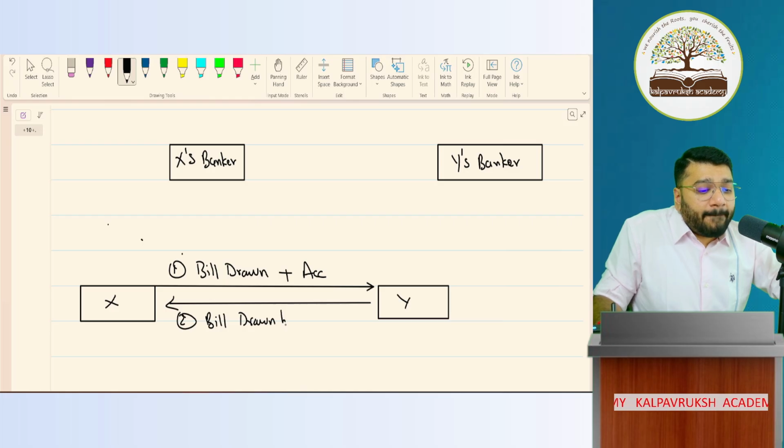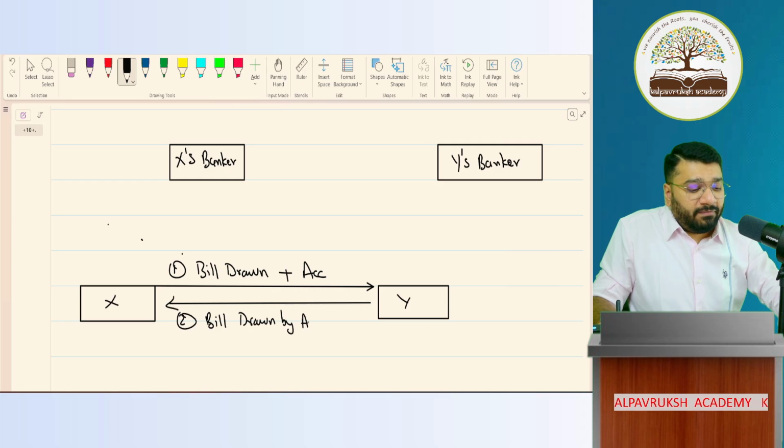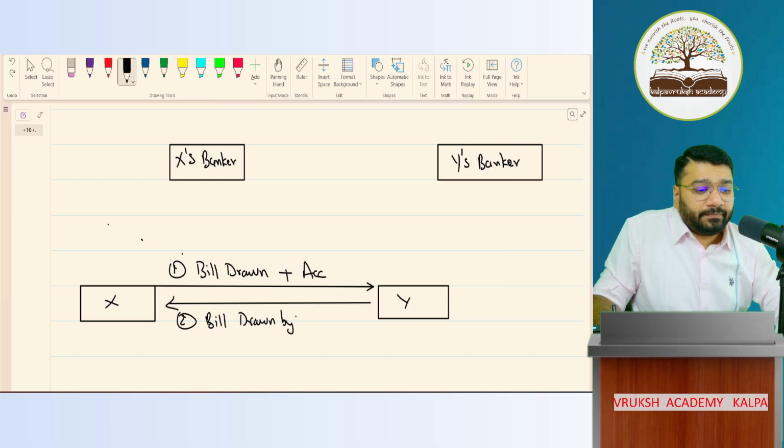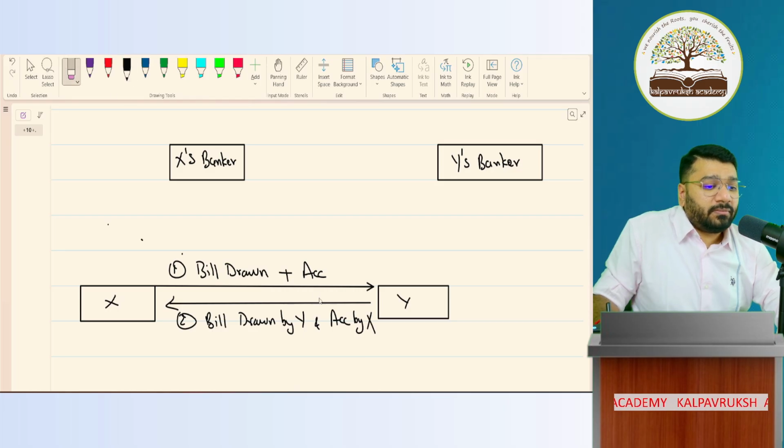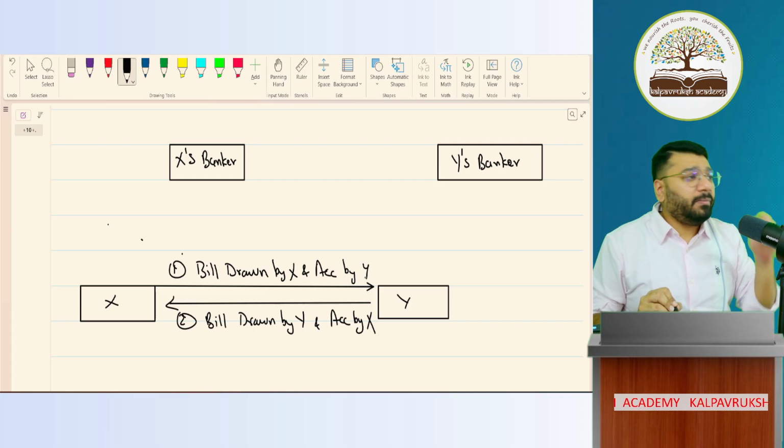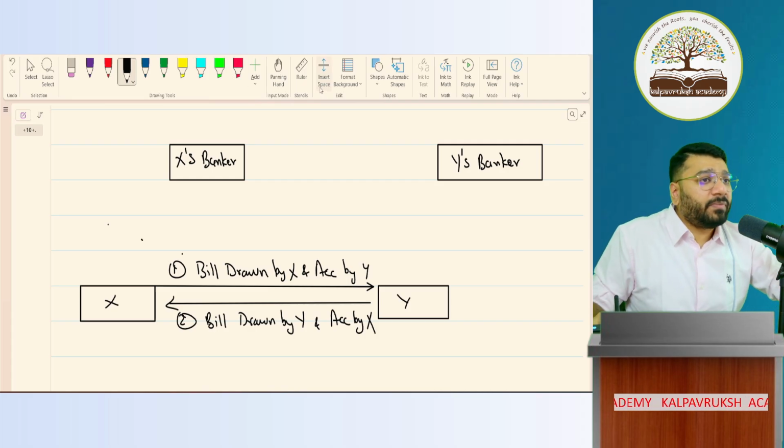Bill drawn by Y and accepted by X. The first one is bill drawn by X and accepted by Y. Any problem? No.